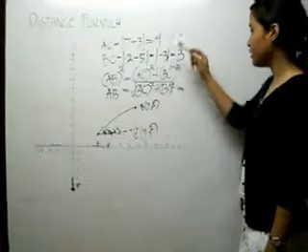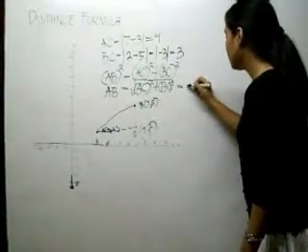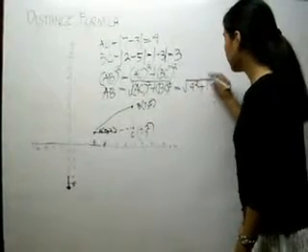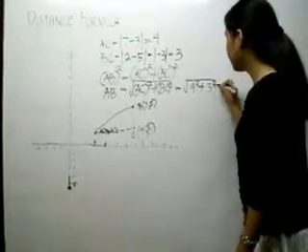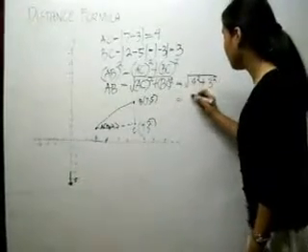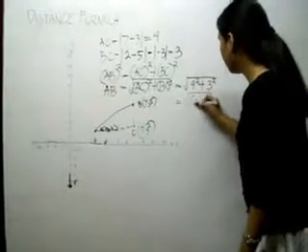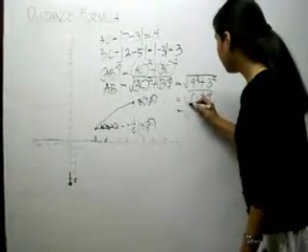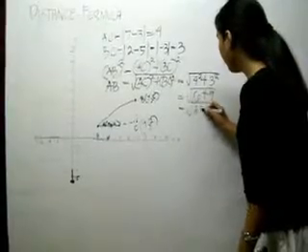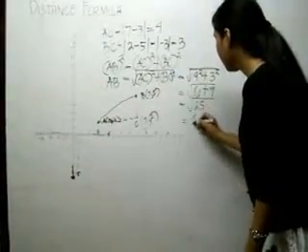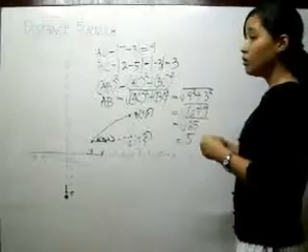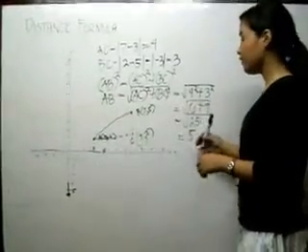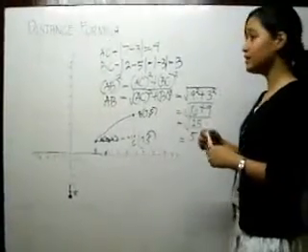Substituting the values, the square root of 4 squared plus 3 squared, 4 squared is 16, plus 9, is the square root of 25, which is 5. Now, we know that the distance between A and B is 5.